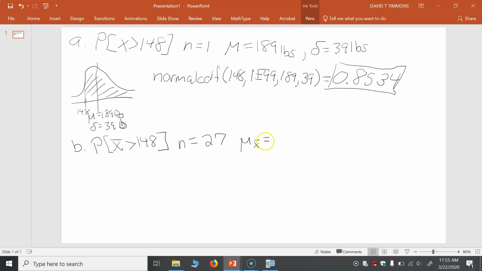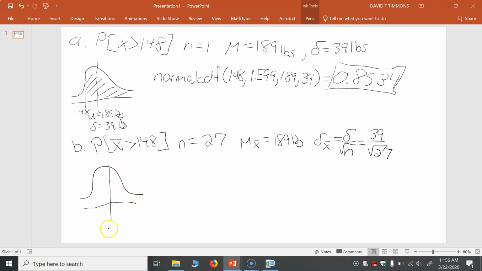The mean of the sample means will equal the original mean of the distribution, 189 pounds. But now sigma x bar, the standard error of the mean, that's sigma divided by square root of n, which will now be 39 divided by the square root of 27. Now again, I always say draw a picture with your normal distribution.